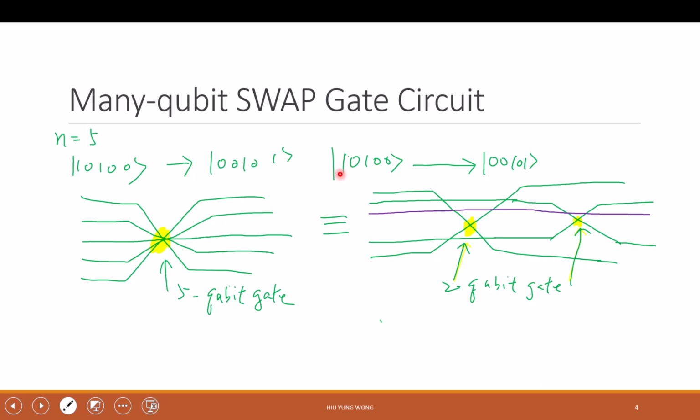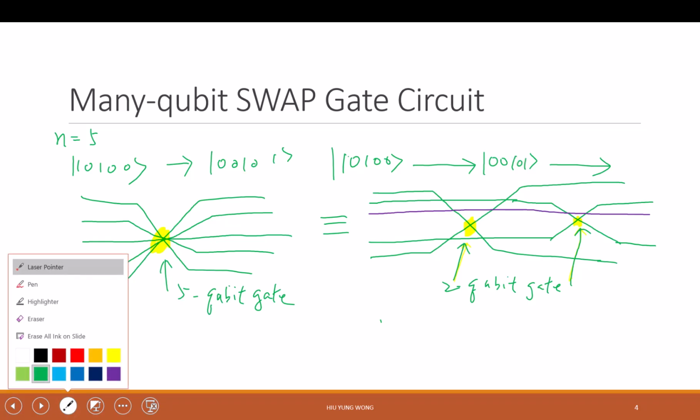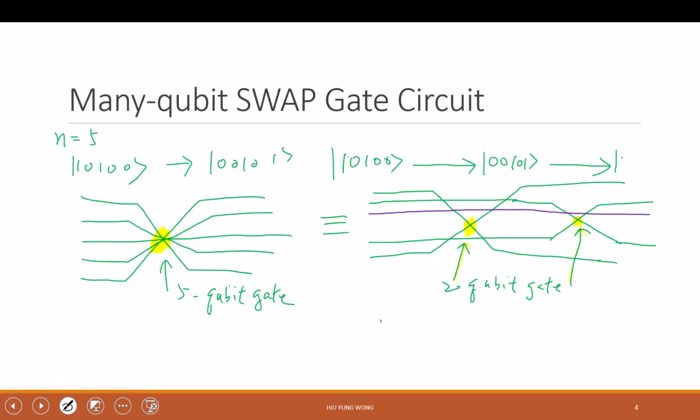Because I swap this qubit and this qubit, so I get 0 and 1. The middle three are not changed. Is that okay? And then eventually, what do I get when I reach here? Well, I'm going to swap this and this, but both are 0, so it looks like no change.